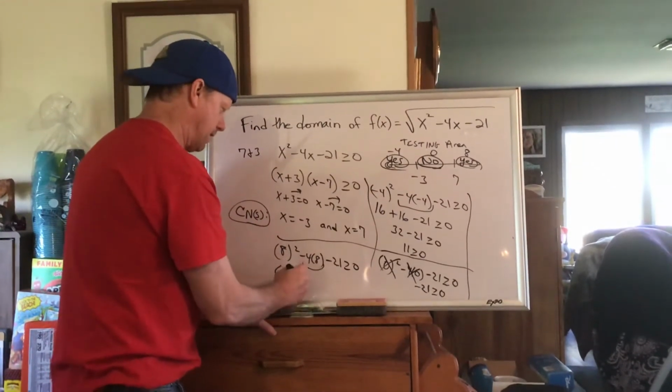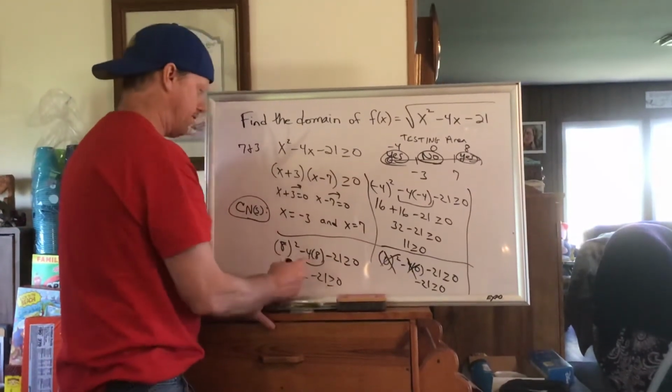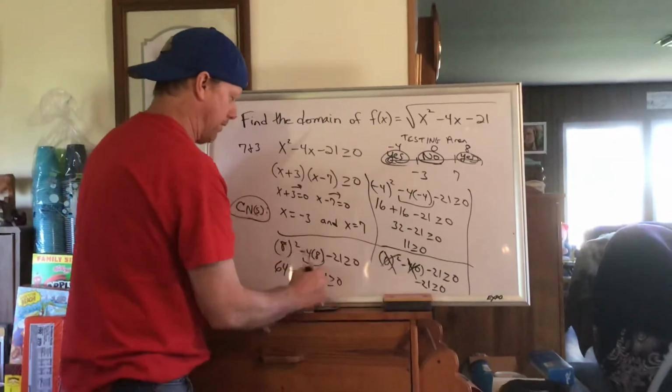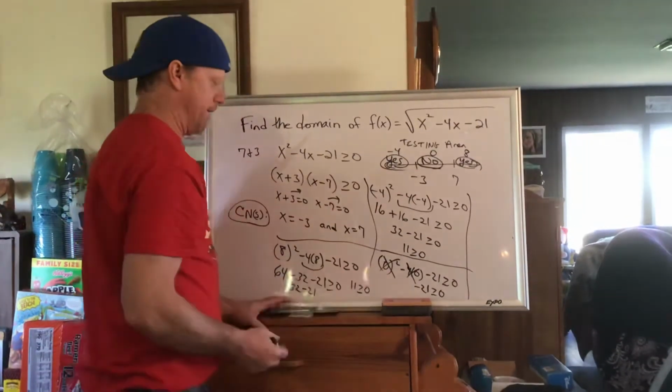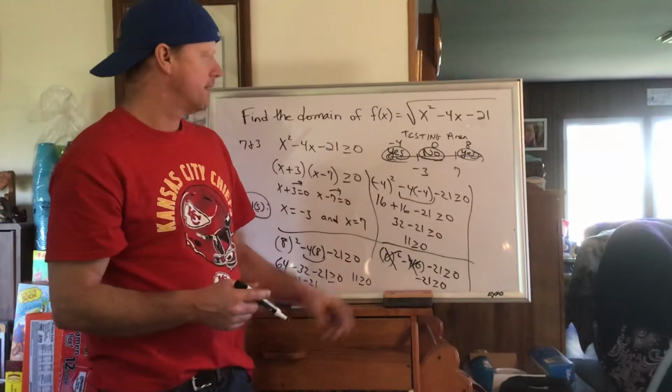Negative 4 times 8 is a minus 32. Minus 21. 64 minus 32 is 32. 32 minus 21 is 11. Is 11 greater than or equal to 0? Yes, it is. So it goes yes, no, yes.